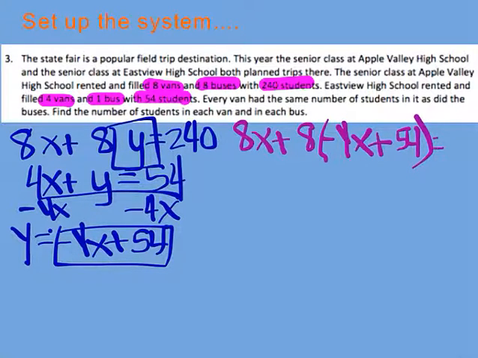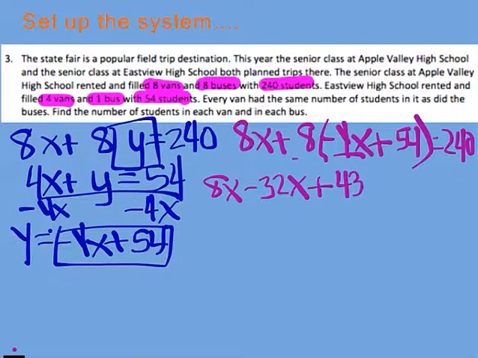is equal to 240. Okay, so 8x, and then 8 times negative 4 is negative 32x, and then 8 times 54 is going to give me 432, and that's equal to 240.